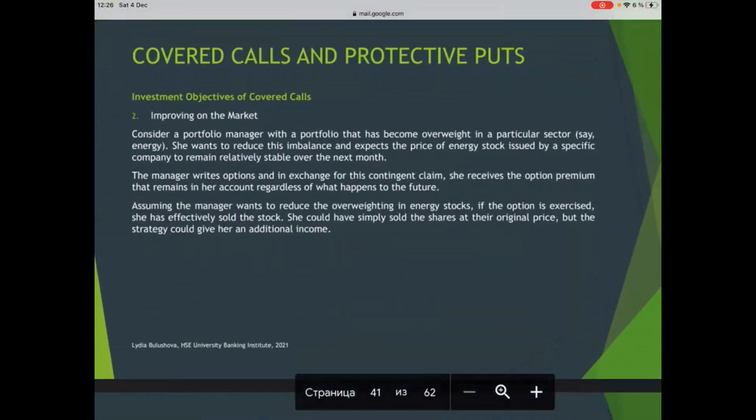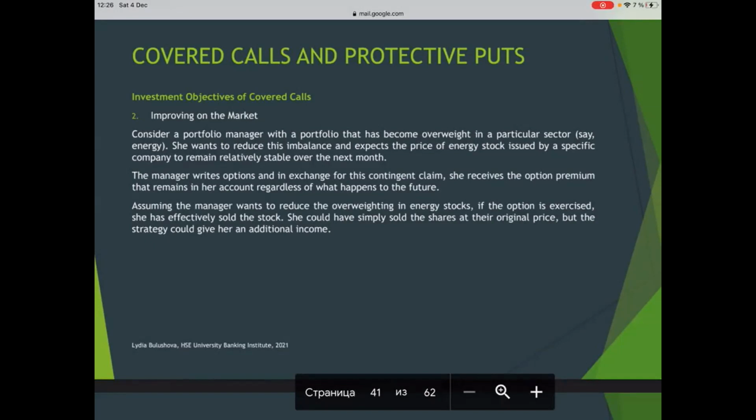So why do we write covered calls? It might happen, a very realistic strategy, that I have an overweight in a particular sector, like energy or telecom or whatever. And if I'd like to reduce this imbalance, I can write covered calls. So if the covered calls get executed, that's fine.